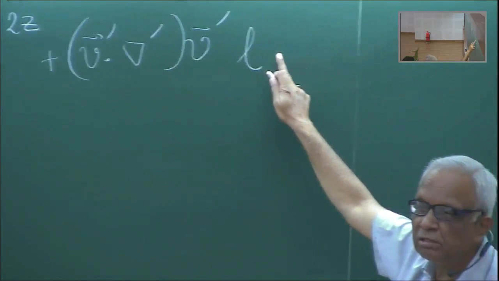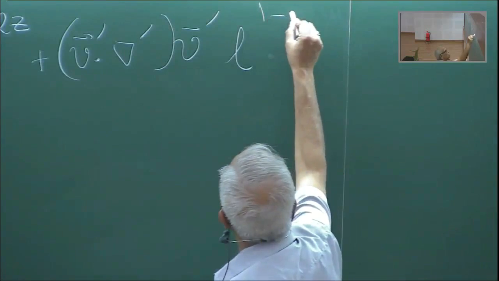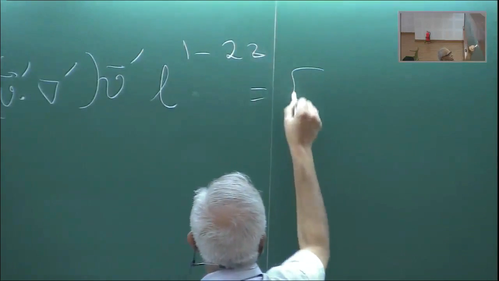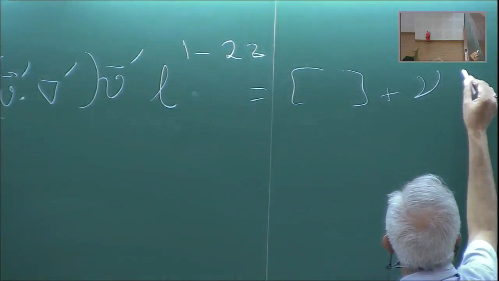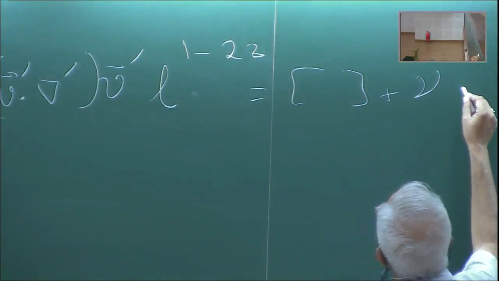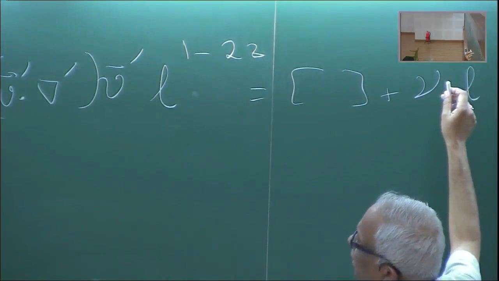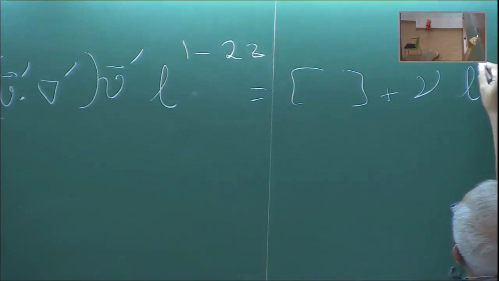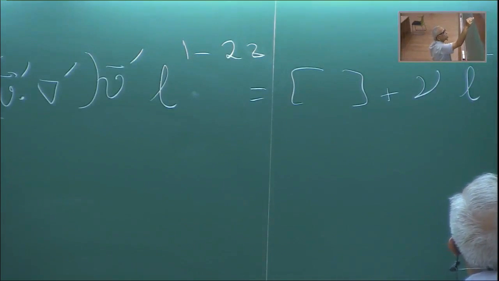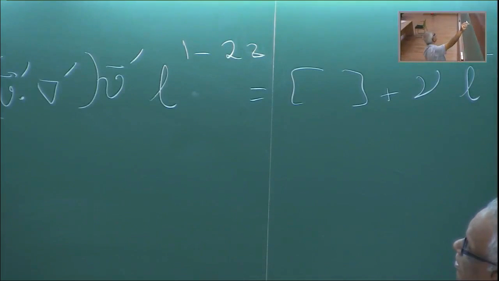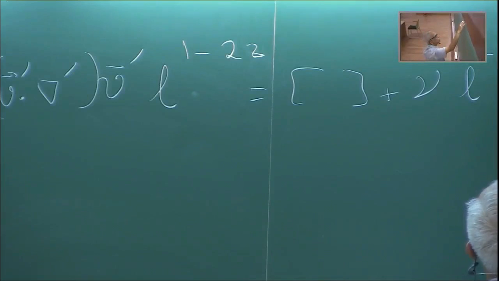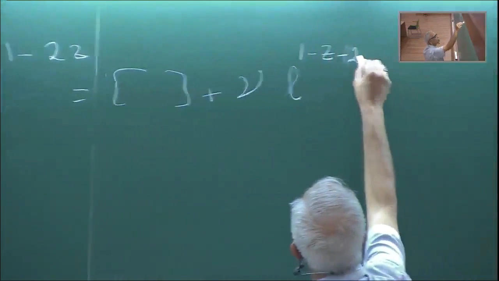1 minus 2z, right? So 1 minus 2z equals that plus nu, and so it is now L to the power, there is 1 minus z, and there is L, so it's minus 2, right?